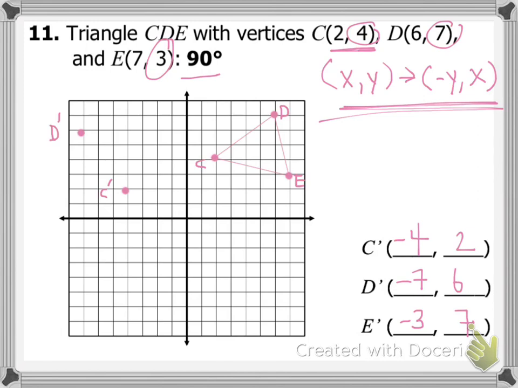E is going to be at -3, up 7. So here would be our rotation.